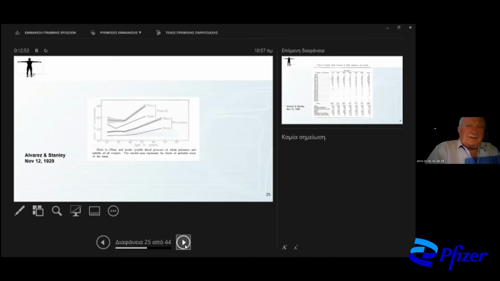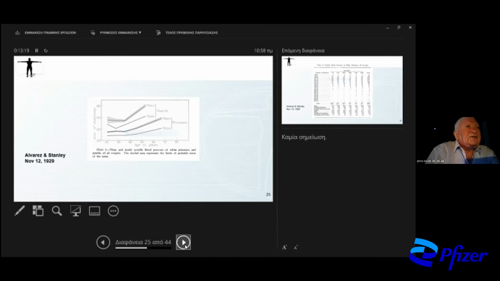And for instance, here, it's not very clear, but you can see the changes according to body build, the normal or medium body build, and lower and higher. And it shows that guards in the San Quentin jail had higher blood pressure than the prisoners.